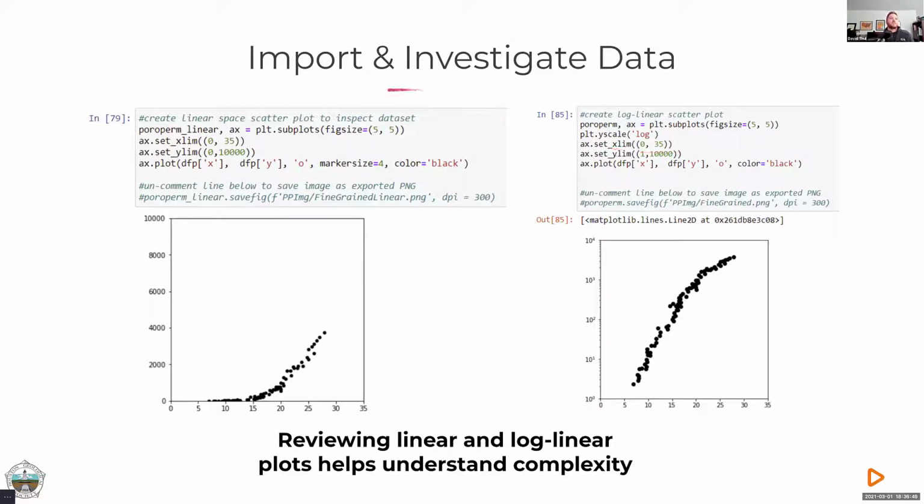So, okay, let's look in this case at the fine-grained trend line, or fine-grained data. And I always like to plot it in two spaces. One is log linear, just like the normal porosity-permeability plot, and one is just a linear space. So you can kind of intuit how complicated this data is.